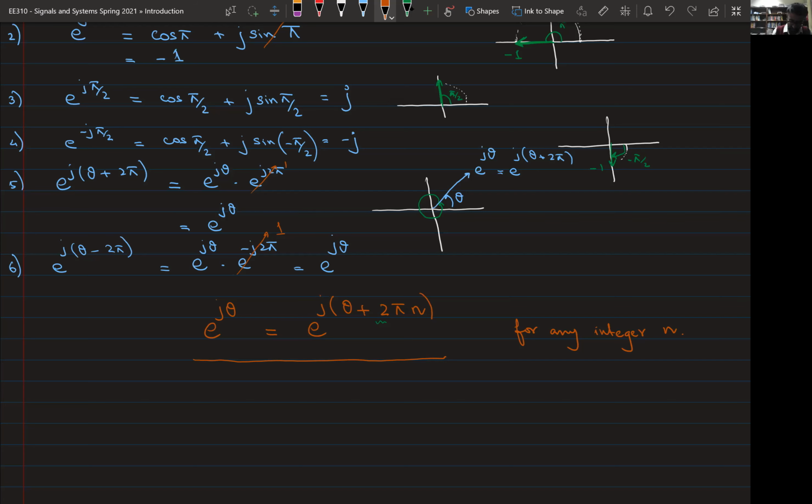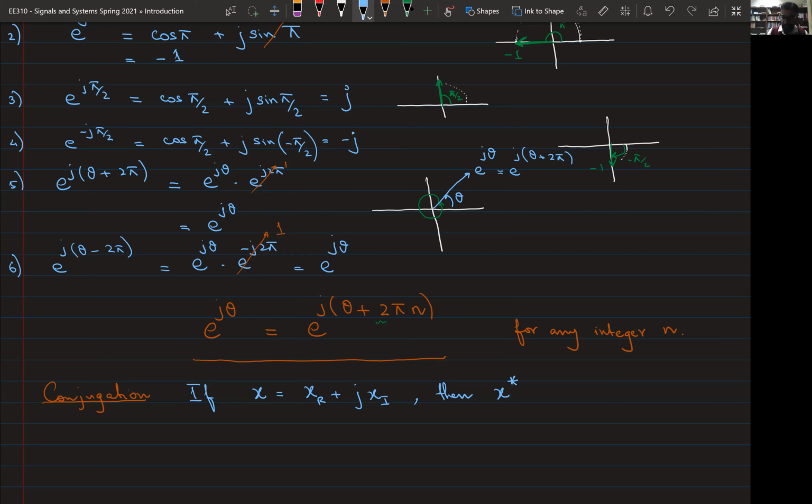So let me quickly discuss what conjugation is. If I give you a complex number x, which has a real component x sub r and an imaginary component x sub i, what do I denote the conjugate by? The notation that we use, and I hope you're familiar with it, is x star. X star denotes the conjugate of a complex number x.